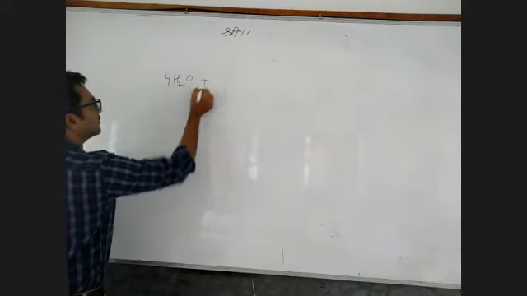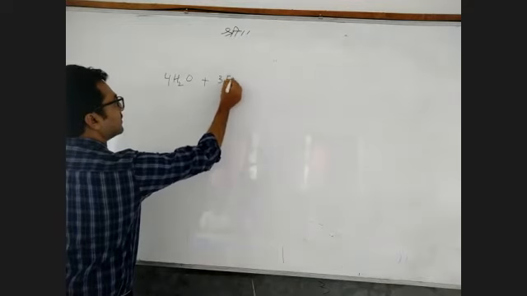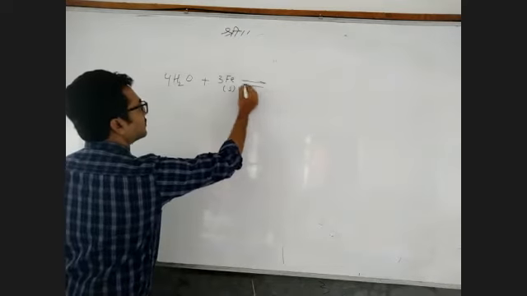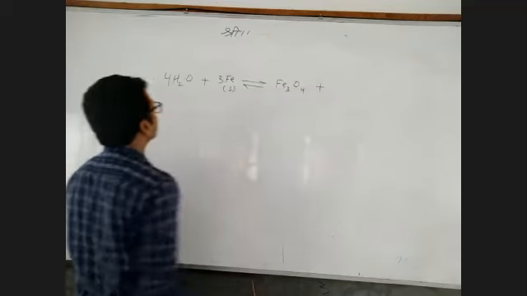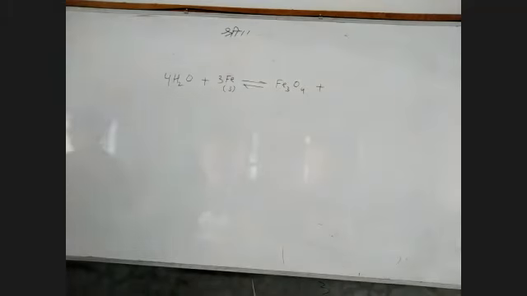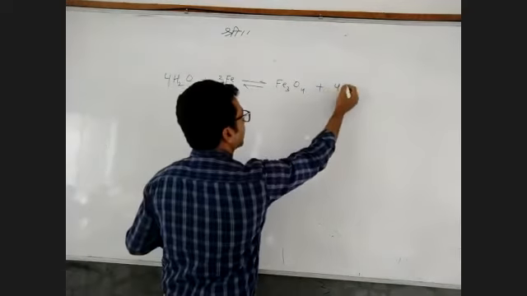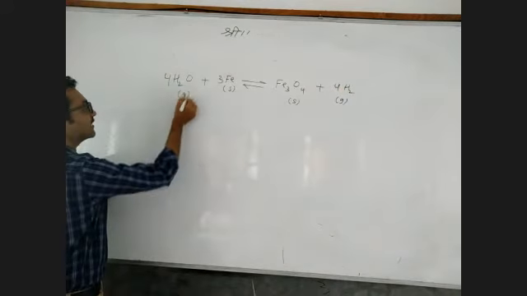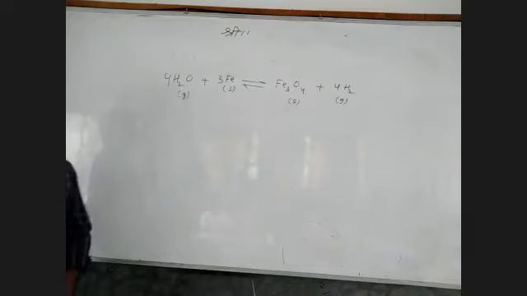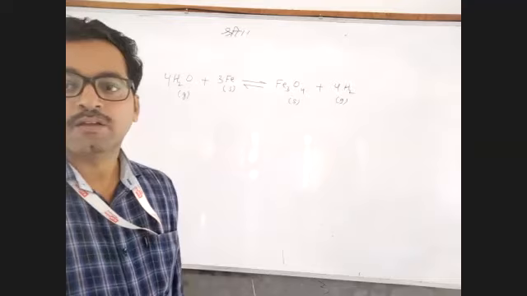Last page. 4H2O plus 3Fe. 3Fe solid gives rise to Fe3O4 plus 4H2. Here what are gases, children? This is gas, this is solid, and this is also gas, means steam. Okay, can anyone tell what is the value of delta N for this? Very good. So you should calculate what?